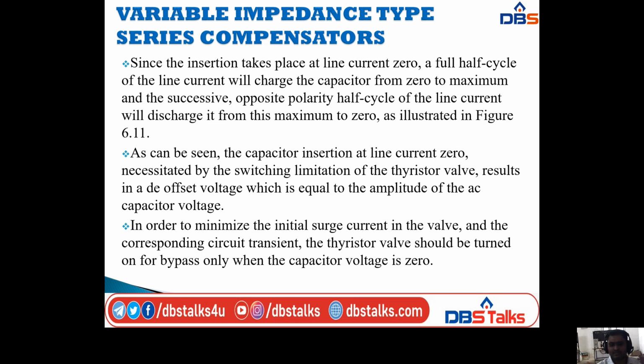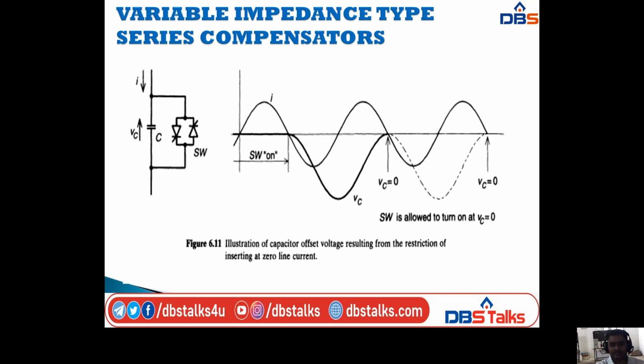In the first polarity we charge the capacitor from 0 to maximum, and in the opposite polarity half cycle it discharges from maximum to 0. That is illustrated in this diagram.